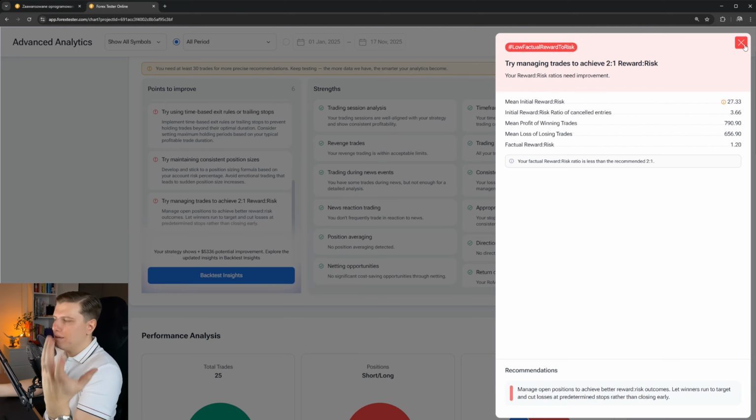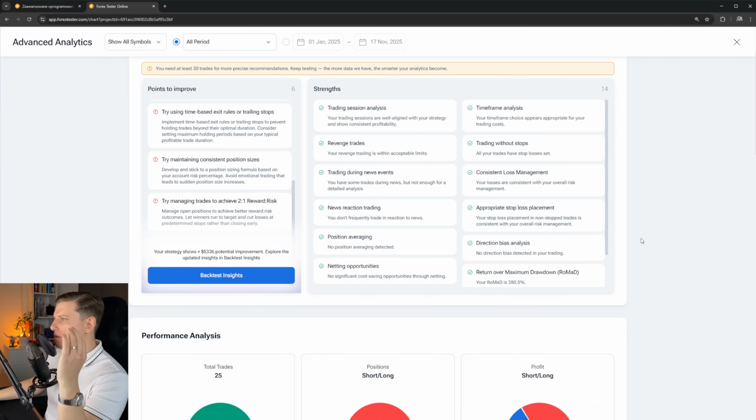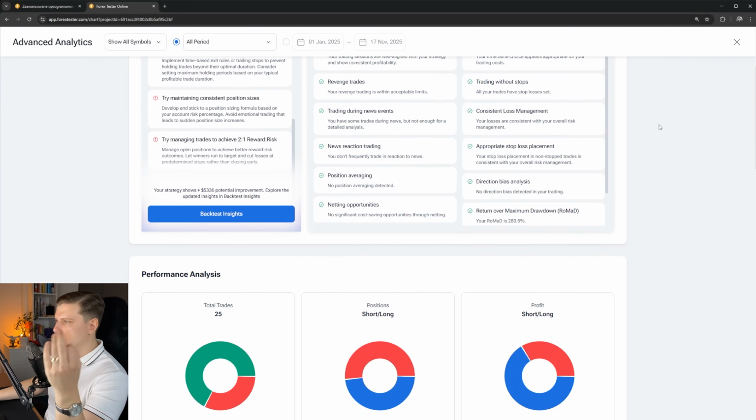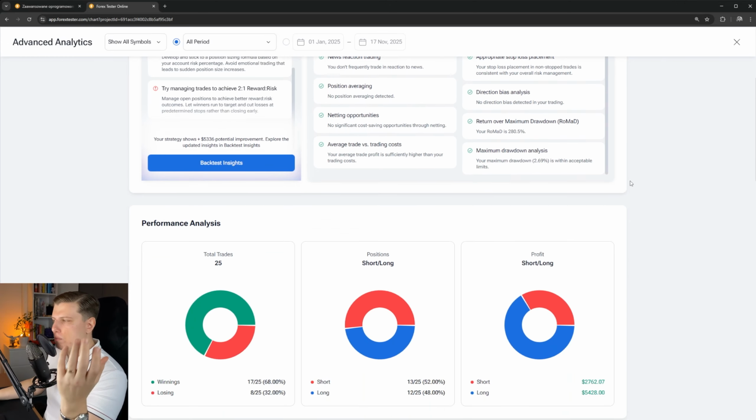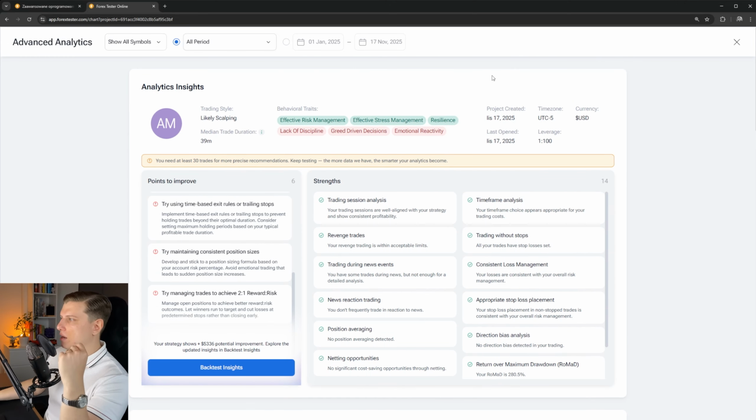And this is my weakness, to be honest. This was always my weakness. I'm pretty bad at holding positions even longer than 1 to 2, sometimes even 1 to 1.5, in ORB strategies. So this is something that I should of course consider.